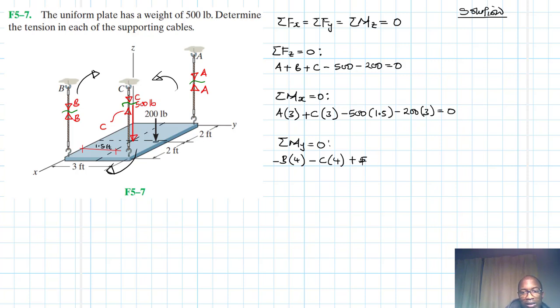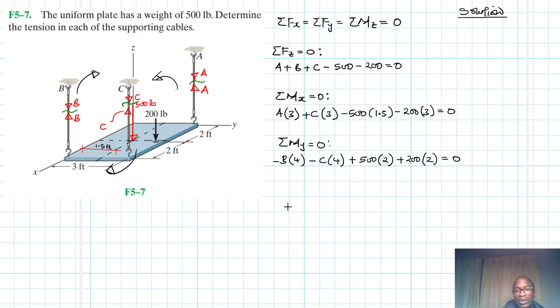So we'll have 500 times the lever arm of 2 about the y-axis, and then the 200 also causes a positive moment using the right hand thumb rule, with a lever arm of 2, equal to 0. So we have these sets of equations which we can now solve simultaneously, right?